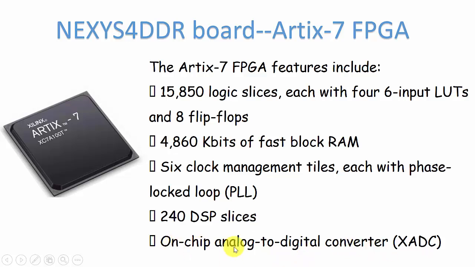On-chip ADCs are available too: this FPGA deals with only digital signals, so analog signals must be converted into digital, and for that purpose on-chip ADCs are available. These are the total features of the Artix 7 FPGA: 15,850 logic slices, 4860 KB of fast RAM, 6 PLLs, 240 DSP slices, and on-chip ADCs.